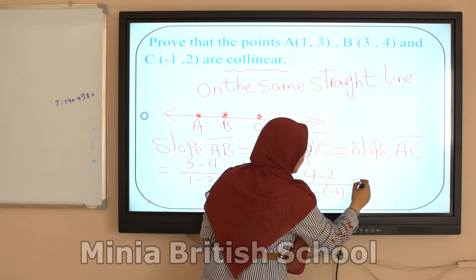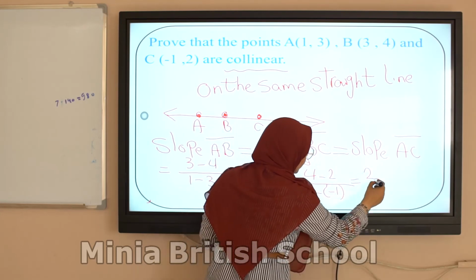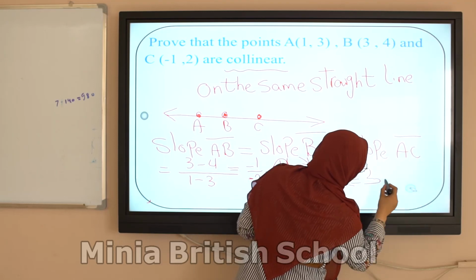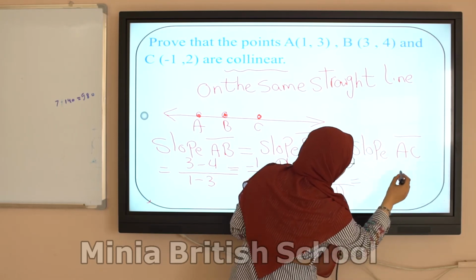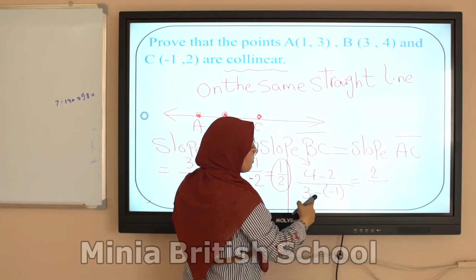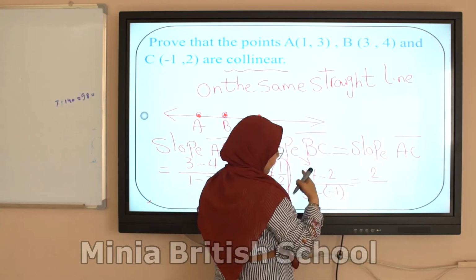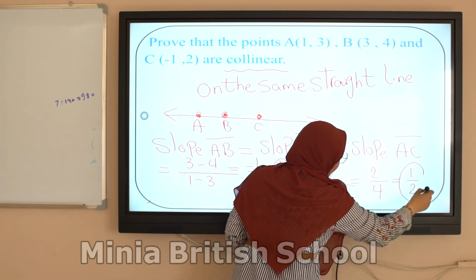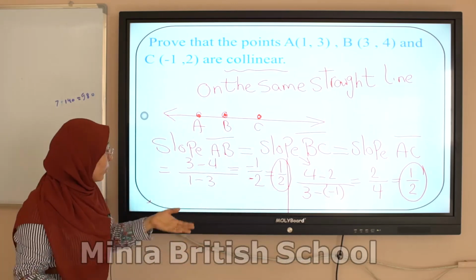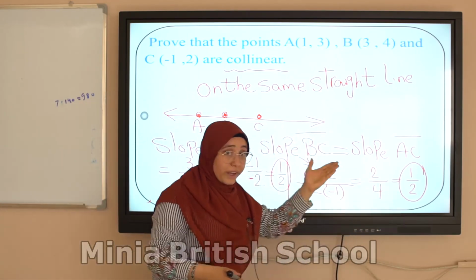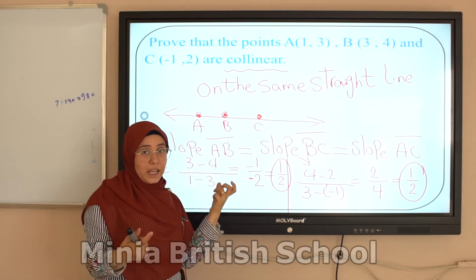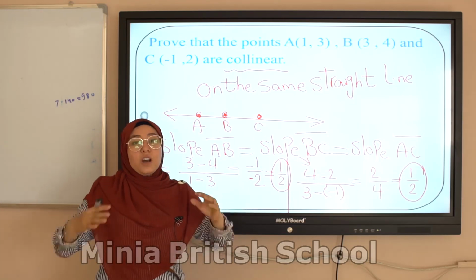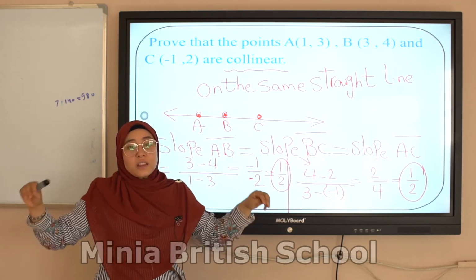So 4 minus 2 equals 2, and 3 minus negative 1 equals 4. I will simplify it. I have half. Now I have the same slope, half, okay. So the 3 points A, P, and C are collinear, I mean they are on the same straight line.